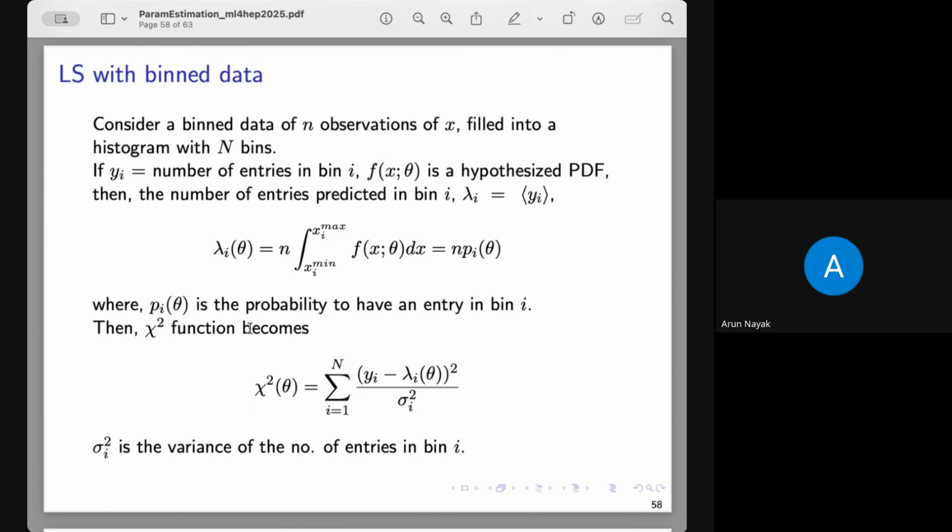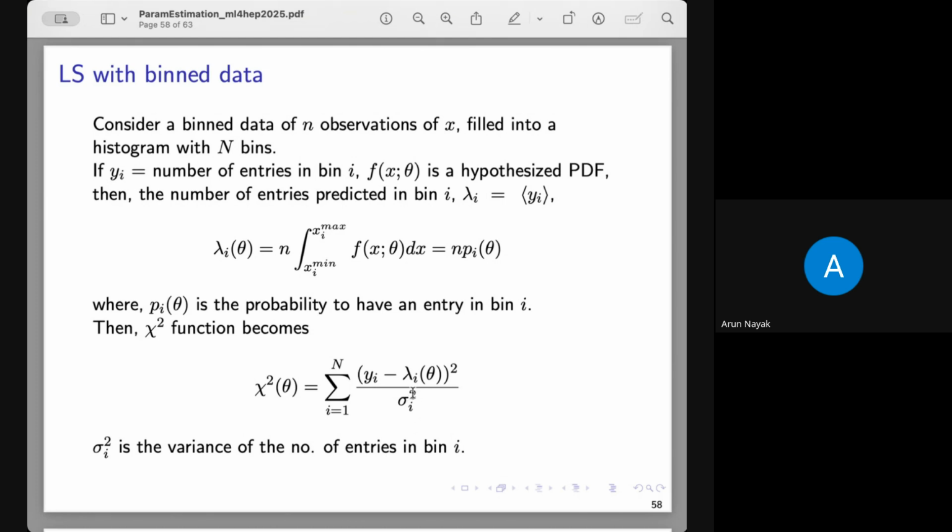Then the chi-square function becomes, again, the residuals yi minus lambda i squared over sigma i squared, where sigma i squared are the variances of the number of entries in bin i.